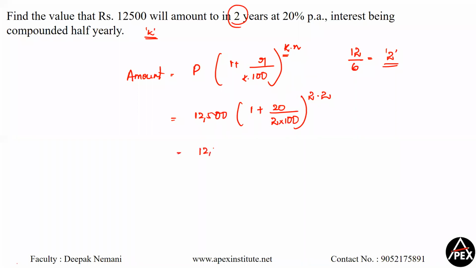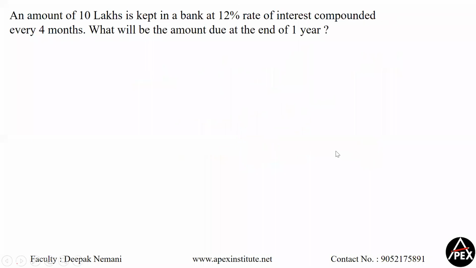This is equal to 12,500 into 11 by 10 power 4. Can someone tell me this value? 18,301.25. Perfect. So the key to solving these questions is to find the value of K.